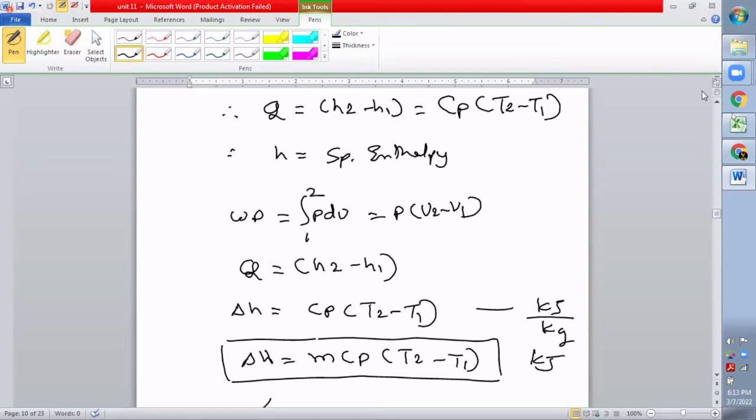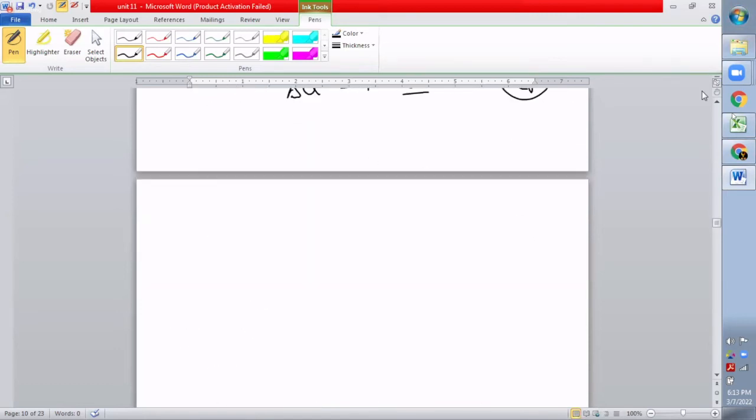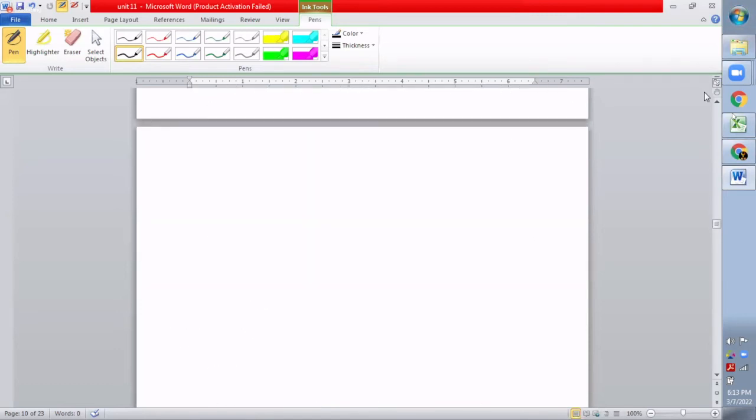Now the third application of the first law is called the reversible constant temperature process, or the isothermal process.